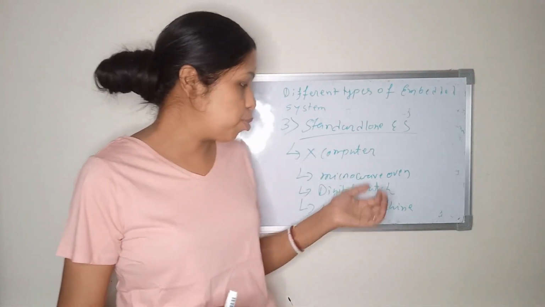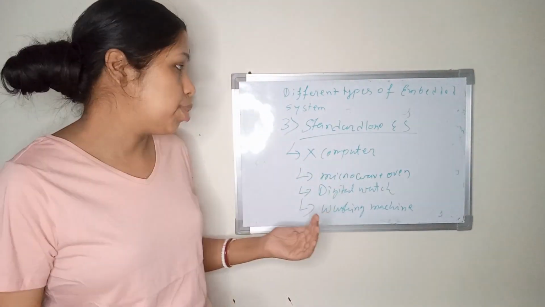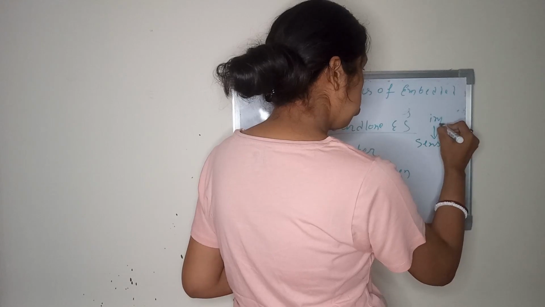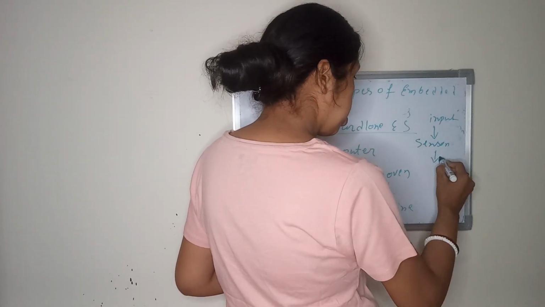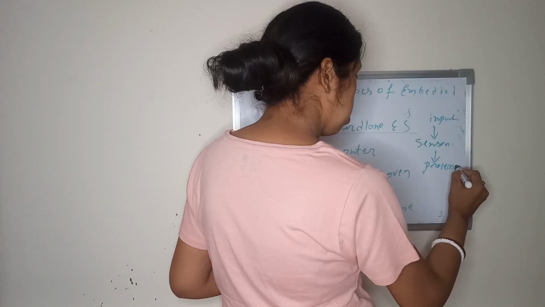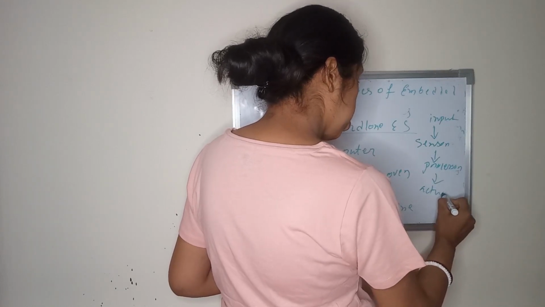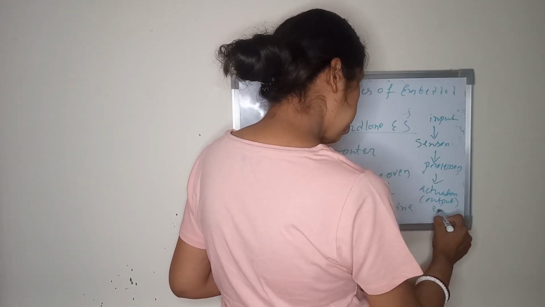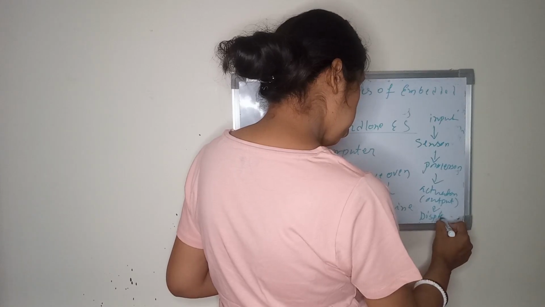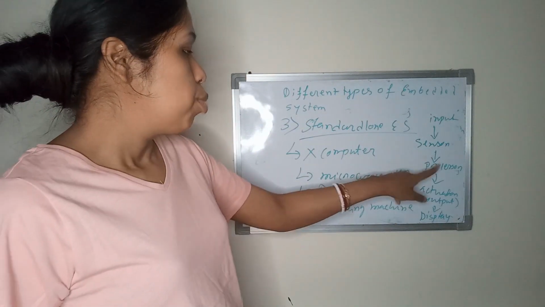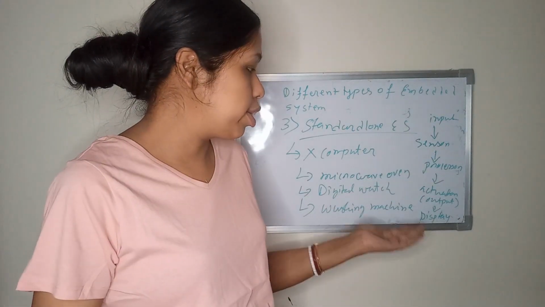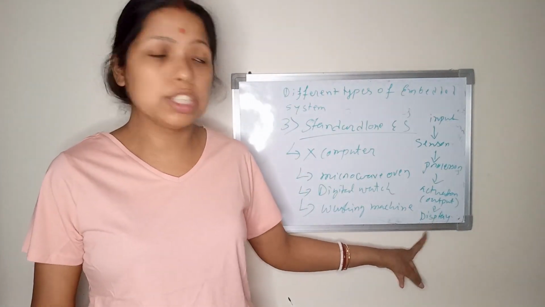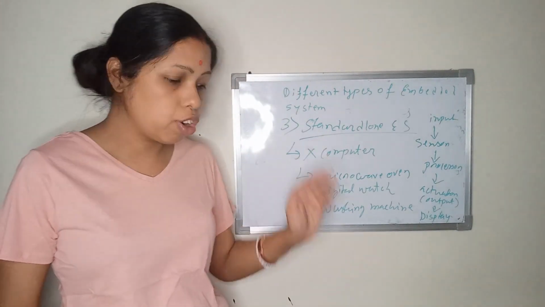So: input, connecting to the sensor, then the processor, then the actuator, which provides the output, and the output you can see in the form of the display system. These are examples of standalone embedded systems.